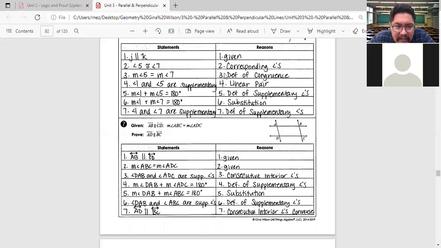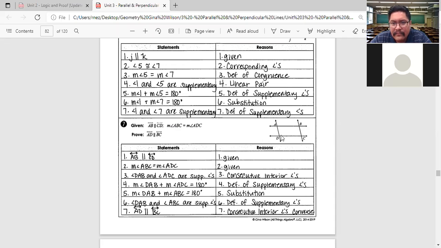Okay, so let's see. Given that line AB is parallel to CD, so AB, that would be this top part here, and CD is this bottom line here. So it says they are parallel, so we know that's true. And it says measure of ABC, so that's the middle part here, is the same as ADC, so that'd be this part right there.